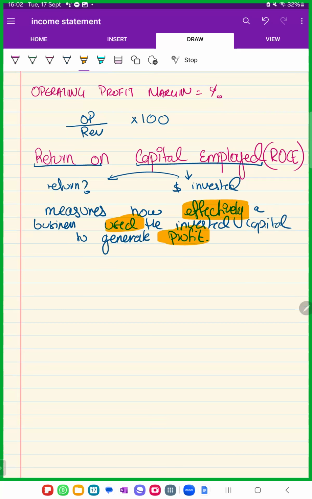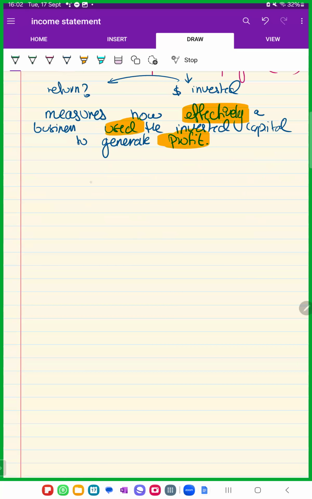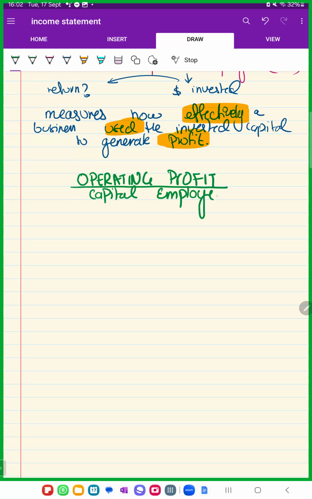Okay, so the formula for this is also very simple. You will definitely need to calculate your operating profit. So you need your operating profit, not the percentage, not the margin, the profit, divided by the money you had invested, the capital employed, multiply by 100.